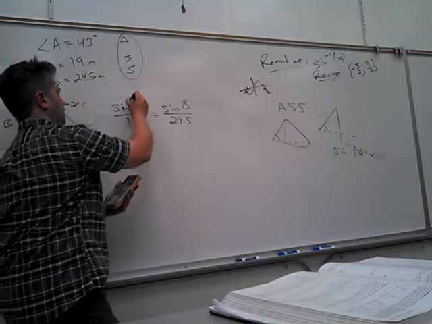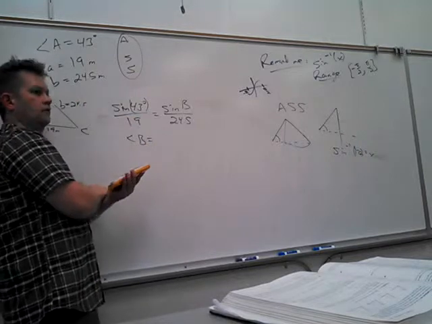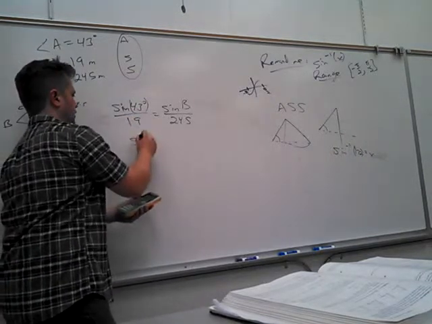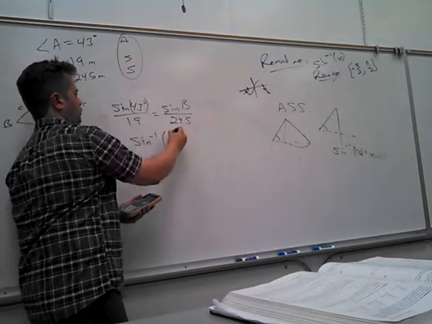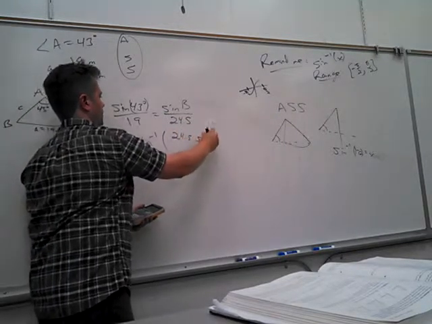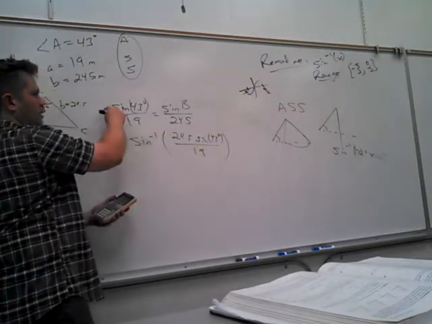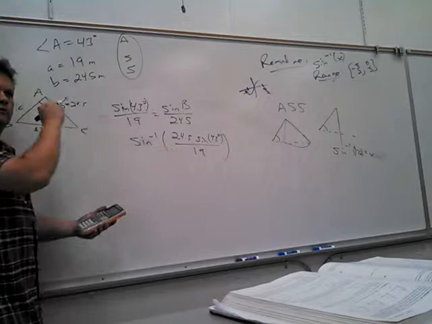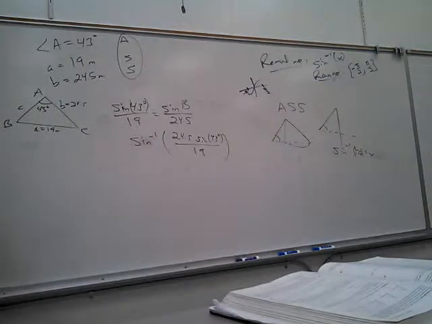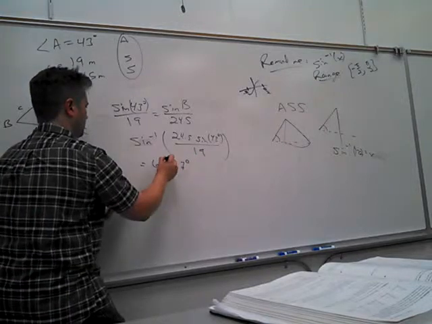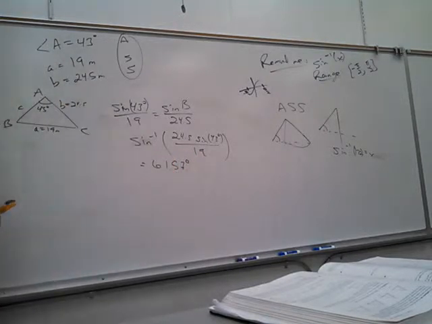To get this, you can actually do the inverse sine of 24.5 times sine of 43 over 19. You see that? That gets multiplied up, and then I take the inverse sine of both sides. Is that cool? What you should get, I think I heard it over here, is 61.57. So make sure you get that before I move on.